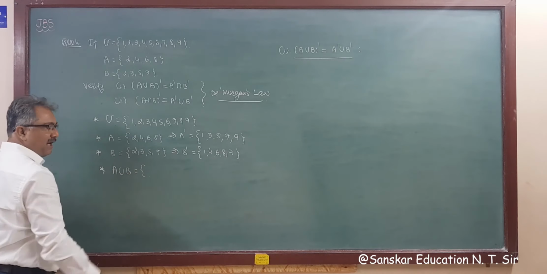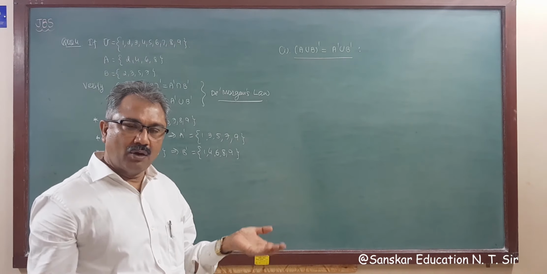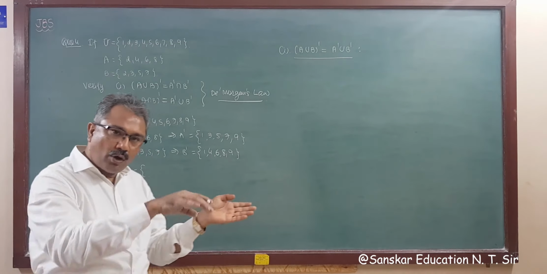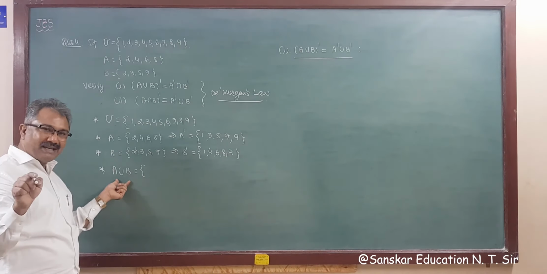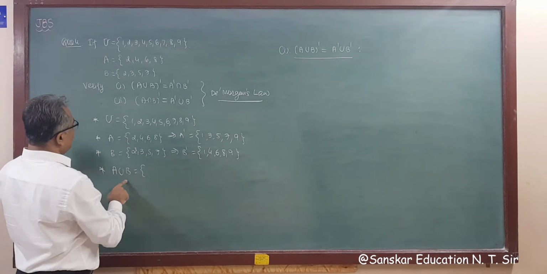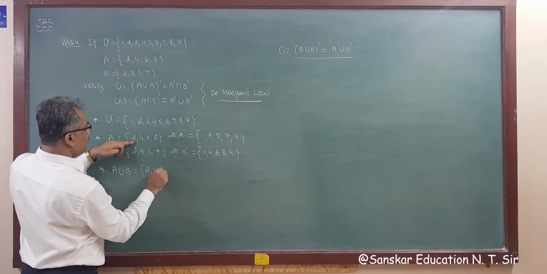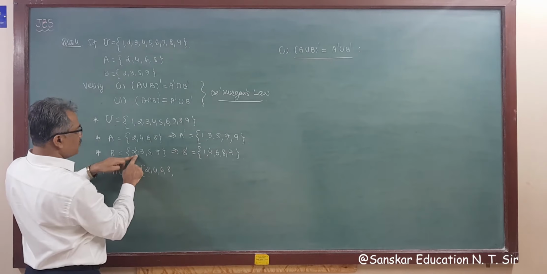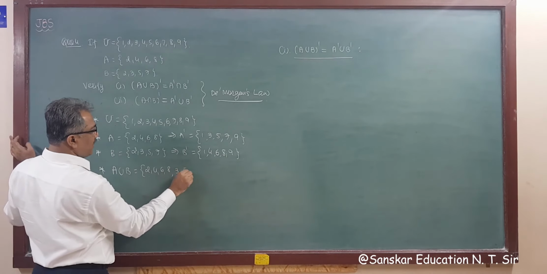Now you know A union B means either in A, or in B, or in both. That is, all elements which are inside A and B, but no repetition is allowed. So what we get here, A and B: this is 2, 4, 6, 8. Now 2 is already here, no 3, 5, no 5, and 7.